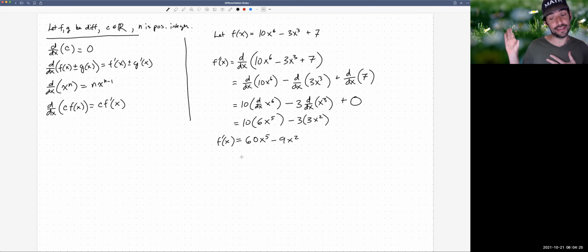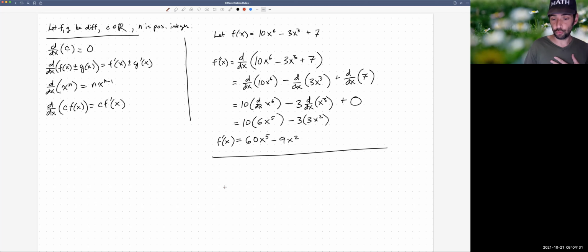You can imagine, and you should imagine, that this derivative, what we just did, is what would have happened if we tried to do the limit as h goes to 0 of f of x plus h minus f of x over h, which let's just write this out once. We're not going to do this whole thing, don't worry.